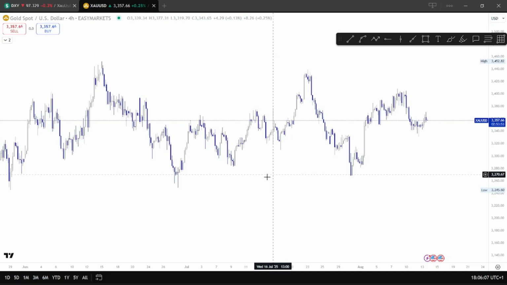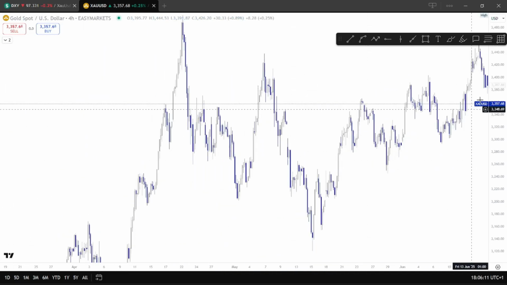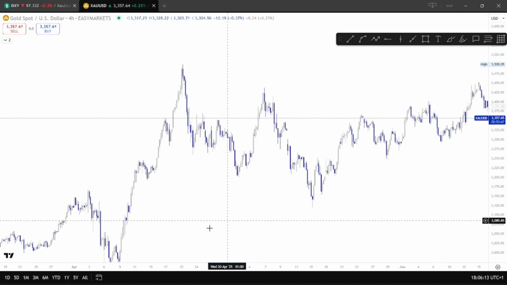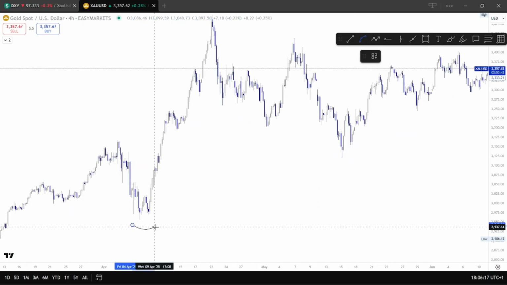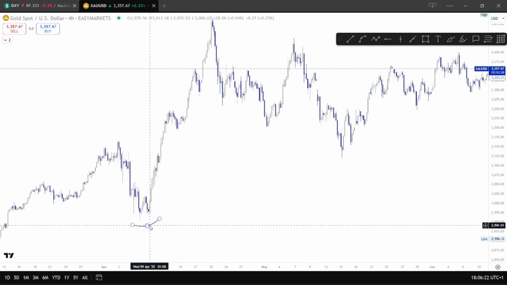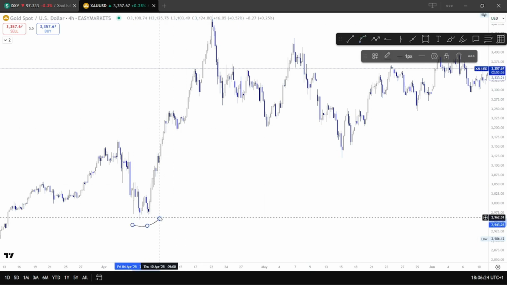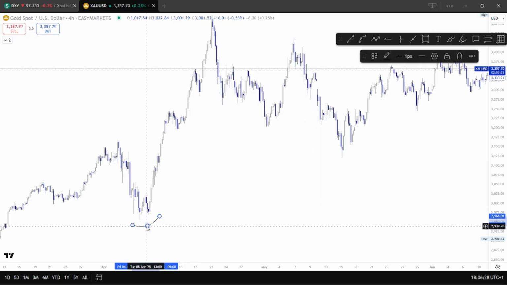Now, when you look at this diagram right here, what did you see? This is actually a recent low. It is a strong low anyway, and it is a long-term low, LTL.